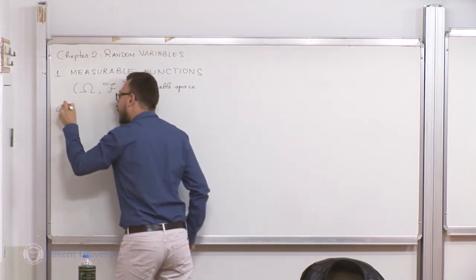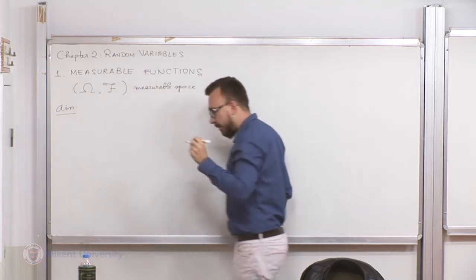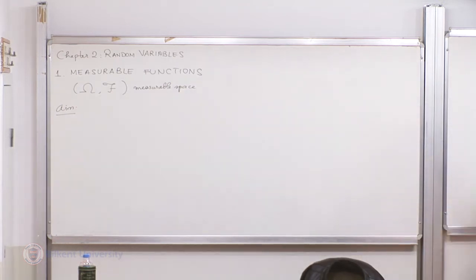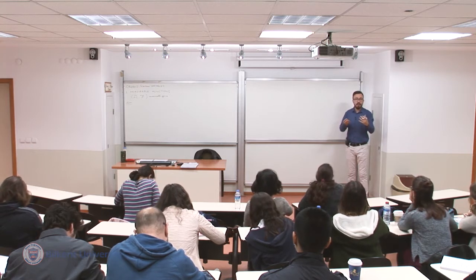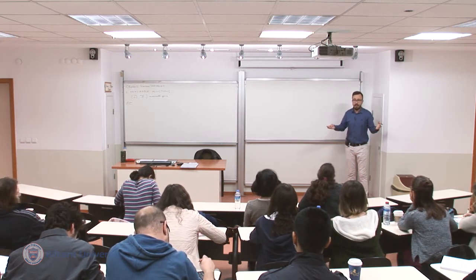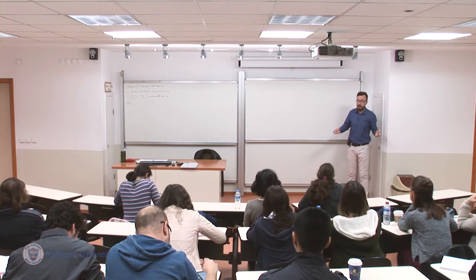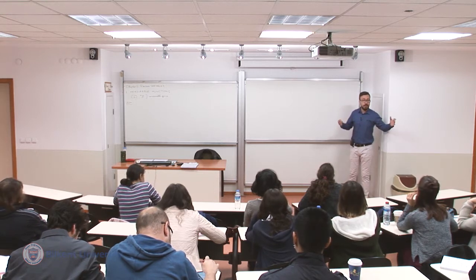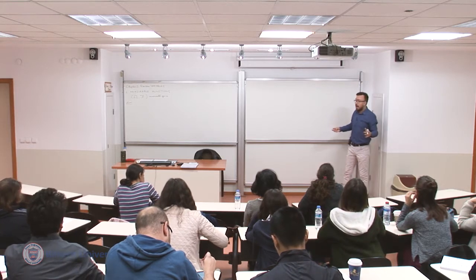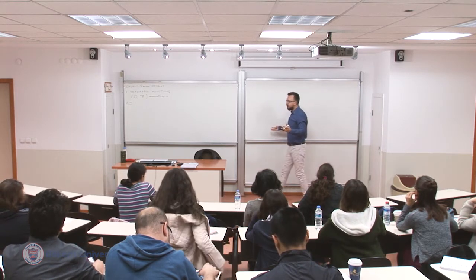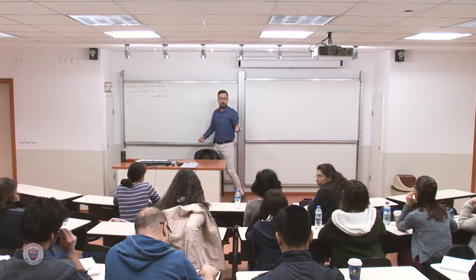Our aim in defining random variables is to define some quantities that are interesting for us in the setting of a random experiment. So maybe our probability space, our sample space is very large, and it is typically very large, right? Like a set of sequences, set of functions, etc. But maybe all we are interested in is a simple quantity.